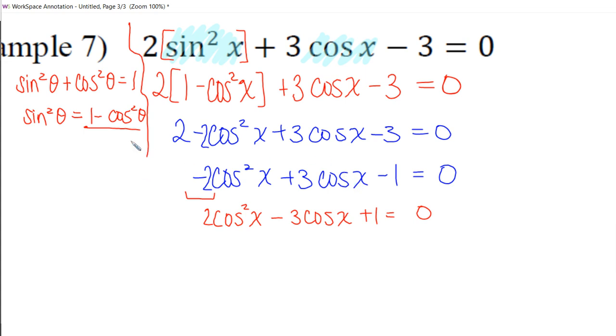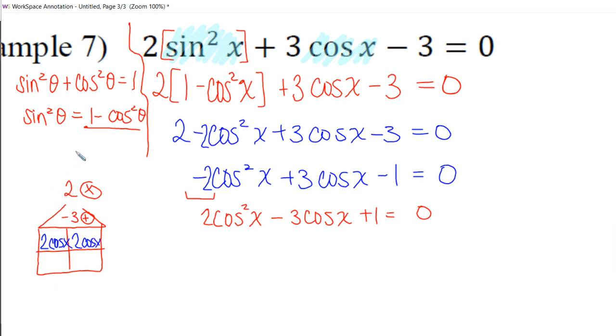If you want to practice your own house method or do something else to factor, that is also fine. So when you do first times the last, that is +2. And you multiply to get that. The middle number is -3. So we're going to throw a plus sign there because we're going to get a number that's added to it. On the top corner, we'll get 2 cosine of x. Okay.